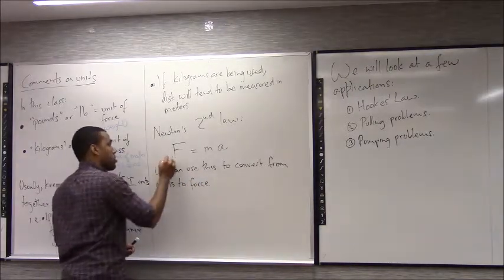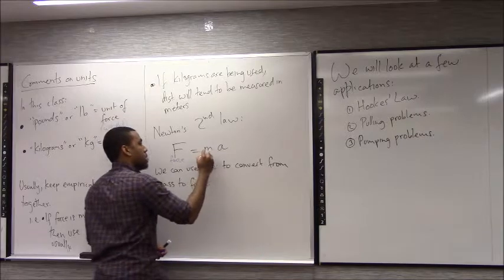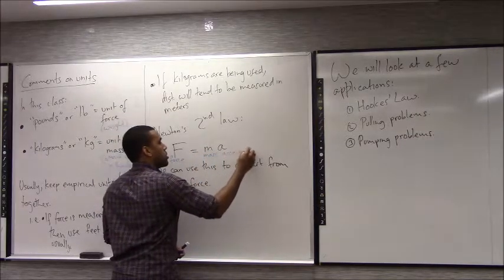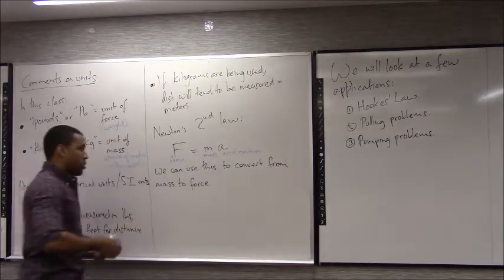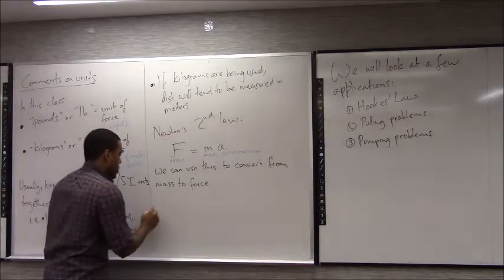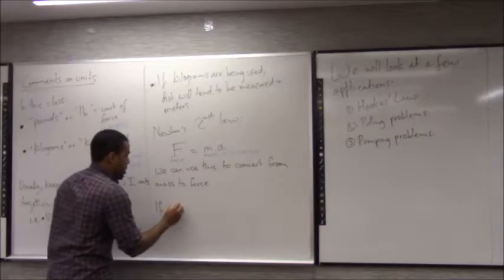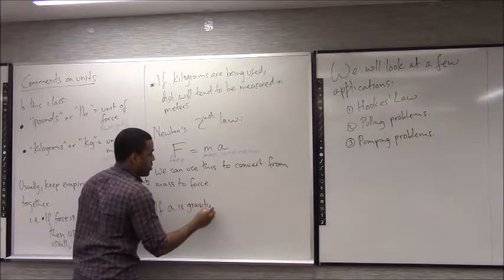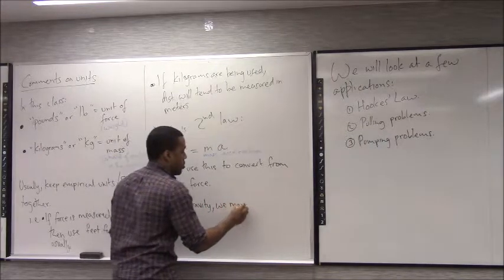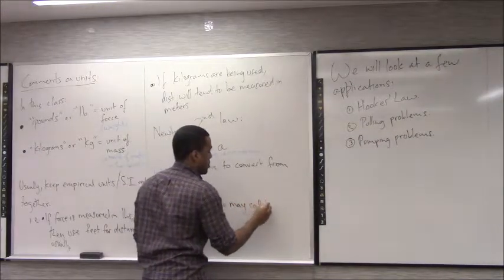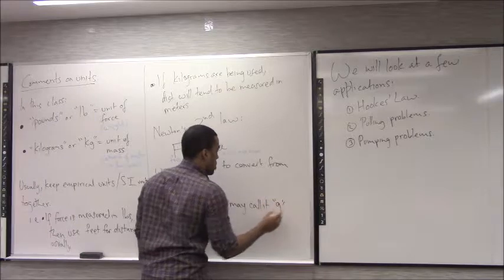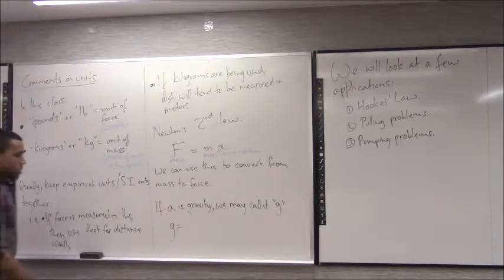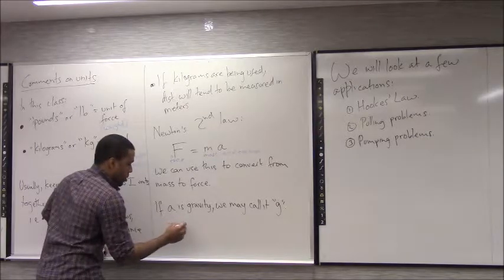Right, so here this is force, this is mass, this is acceleration. If a is gravity, we may call it g. And we have g, there are two basic units that you might want to have it measured in.